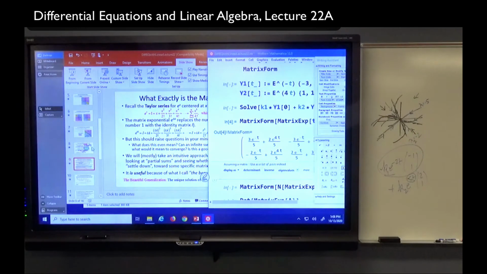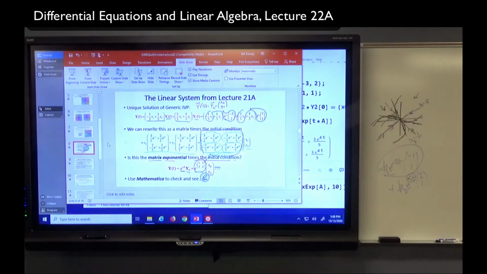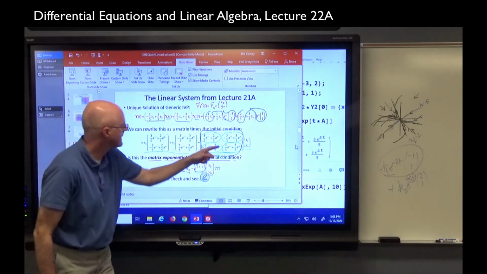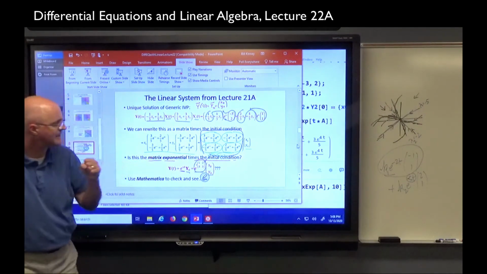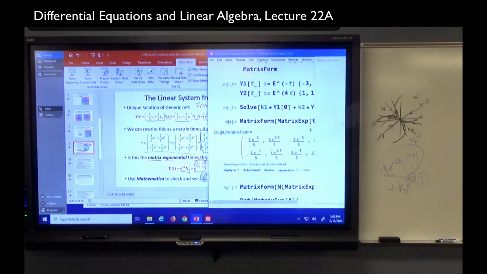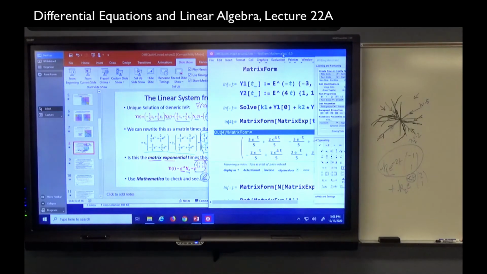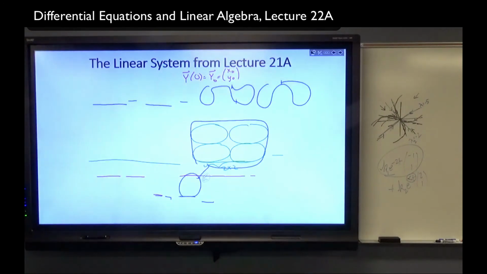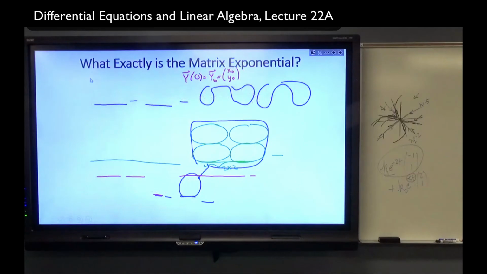Are those the same? 3/5, 2/5. Yeah, right there. I think it's the same. Yeah, looks good to me. So Mathematica says yes, it is. MatrixExp is what did that.